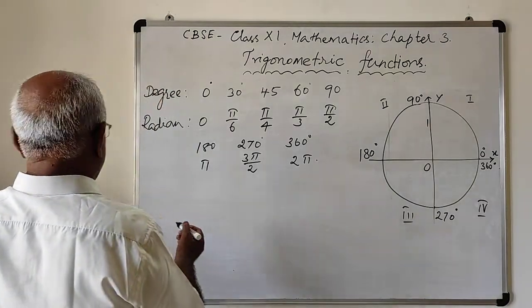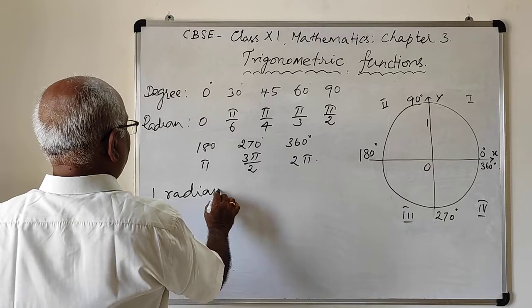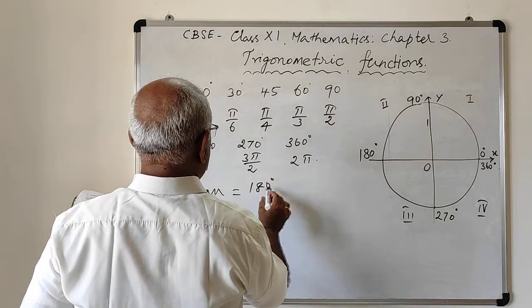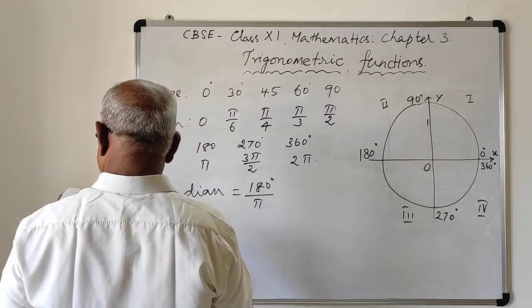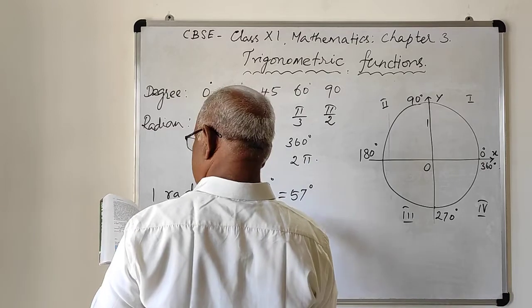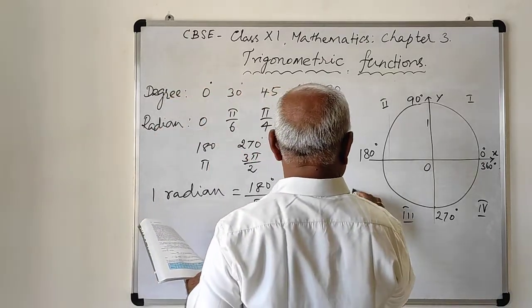See, one more result you remember. 1 radian is equal to 180 degree by pi, that is equal to 57 degrees 16 minutes approximately.